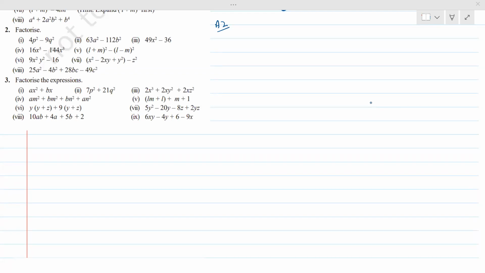Coming to the next, we can see the eighth part in this. Eighth part says 25a square minus 4b square plus 28bc minus 49c square. This is what eighth part is saying. So we can just write 25a square minus 4b square minus, because minus outside we have taken as common, plus 49c square.